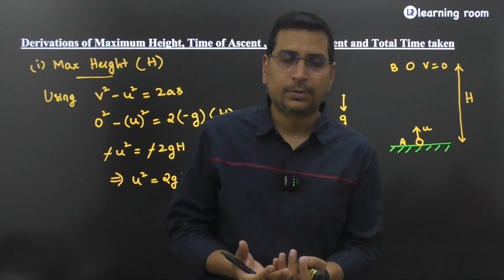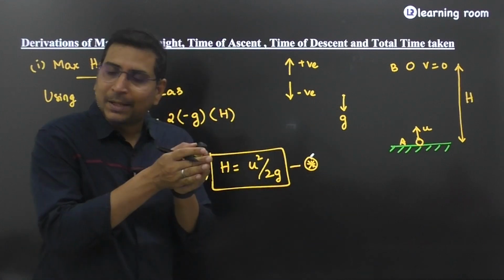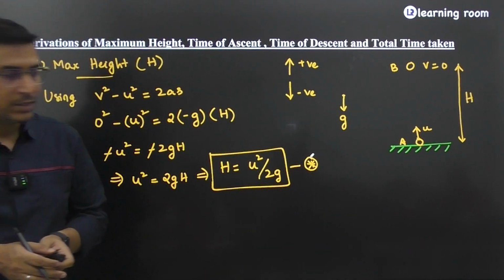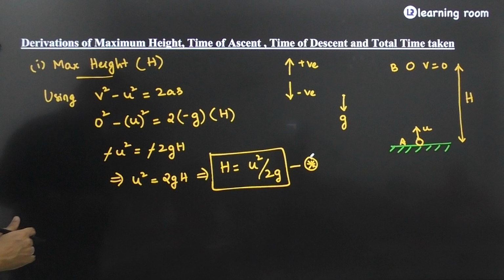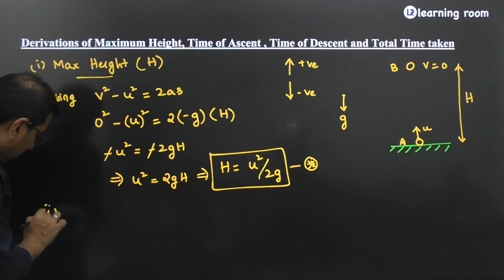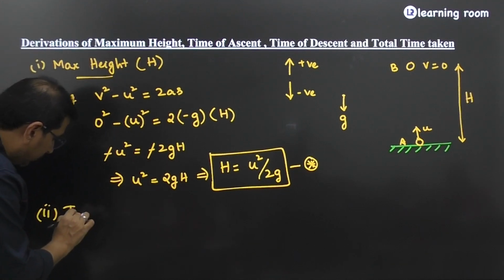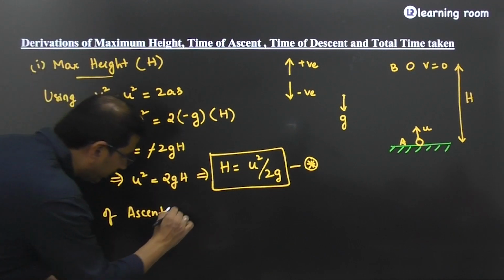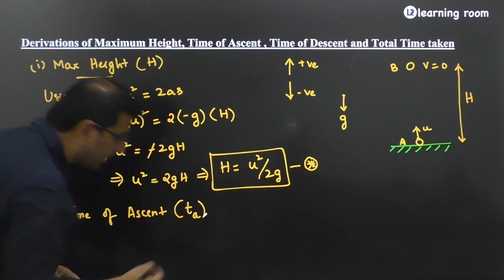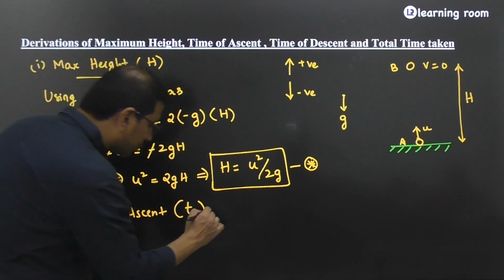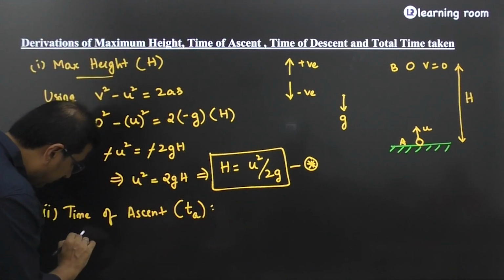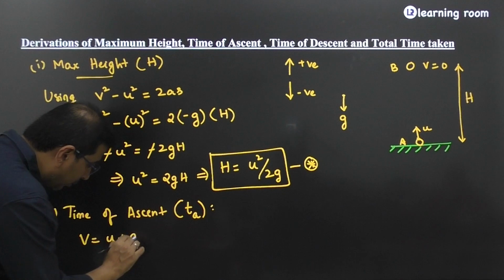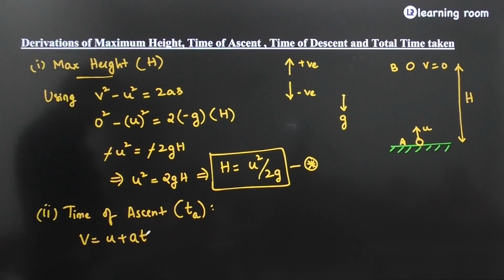So what is our next job? We need to find the value of time of ascent and time of descent, right? So I'm going to use the same diagram. For the second case, to calculate the time of ascent, which is going to be TA, I will use the equation v is equal to u plus at, because in this expression I have time and the relation between velocity and the final and initial velocities.